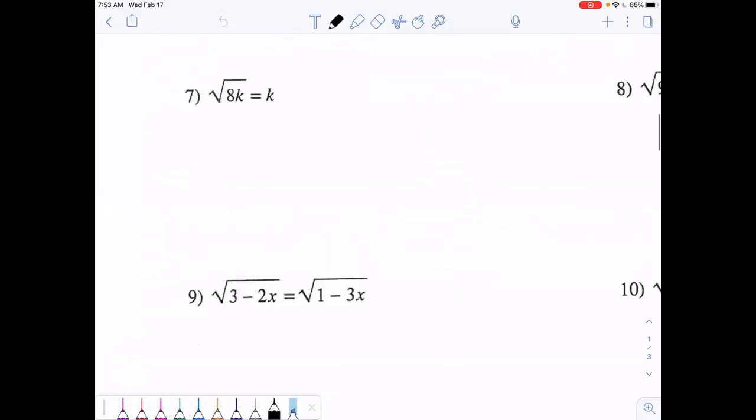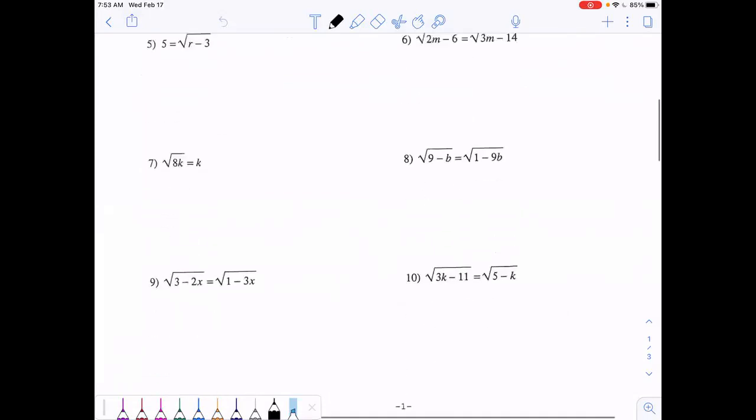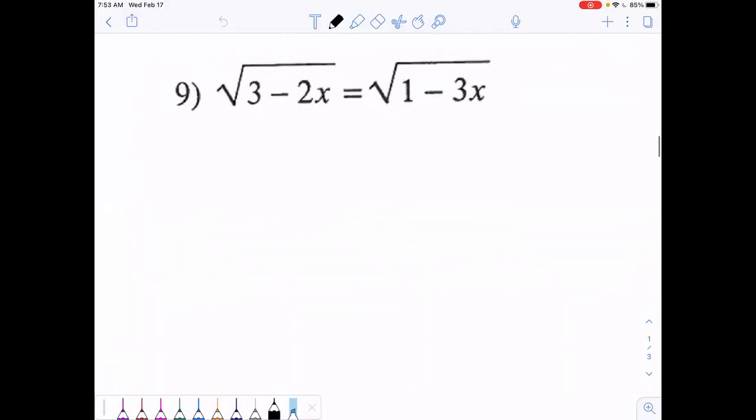If you want to look at number 9, just taking a peek at number 9. We have the square root of 3 minus 2x equals the square root of 1 minus 2x. We have a square root on both sides. If you square each side, what happens with the square root on each side? Riley, what happens?